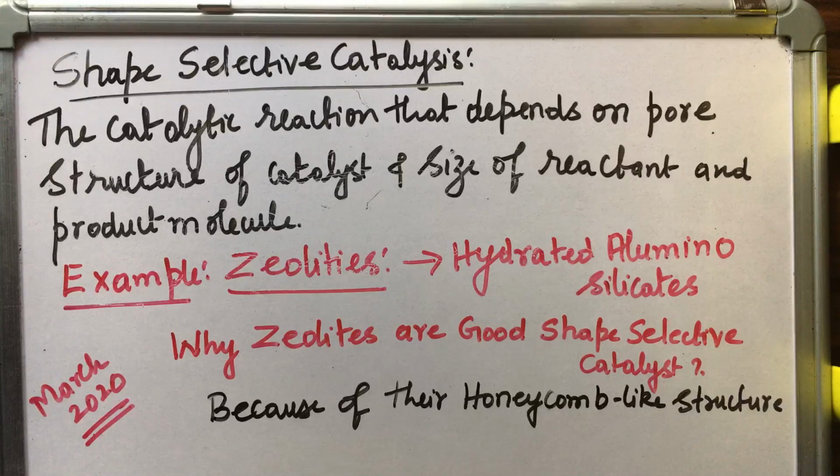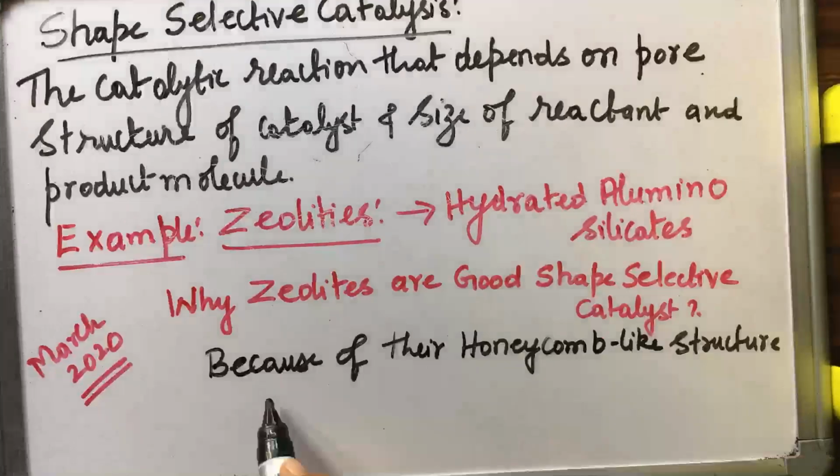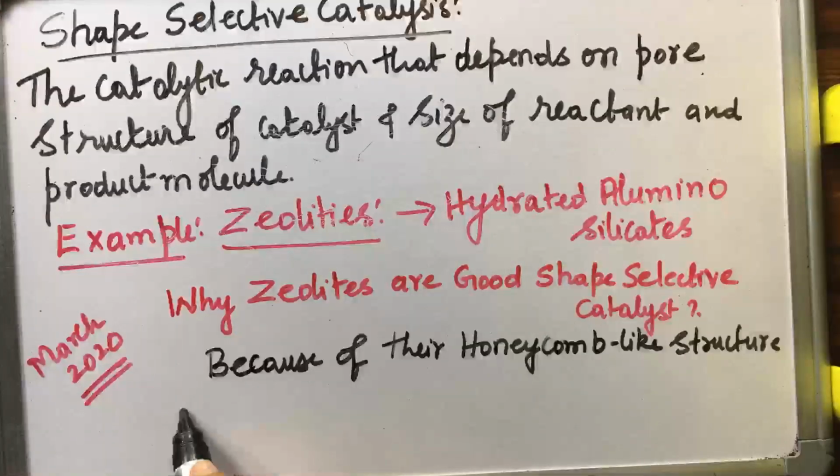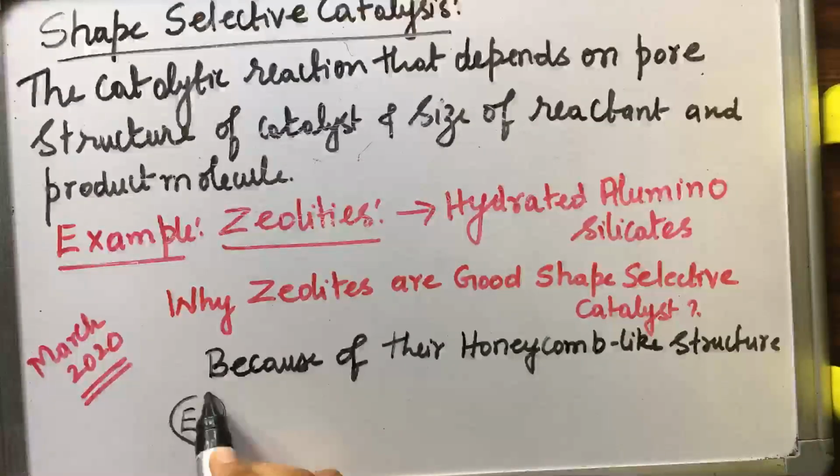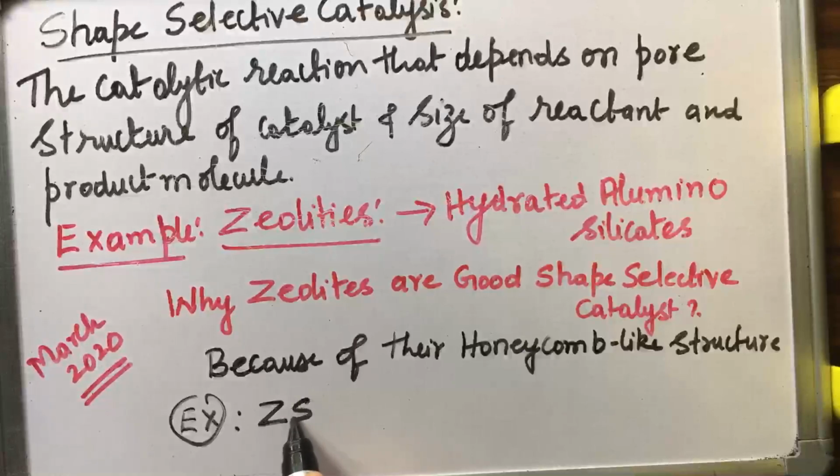Now, one of the catalysts that you have studied in your first PUC P block, I'll give it as an example. Example is ZSM5.